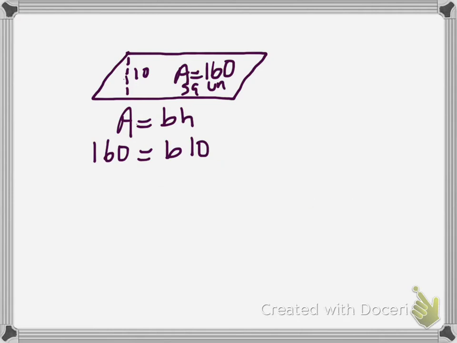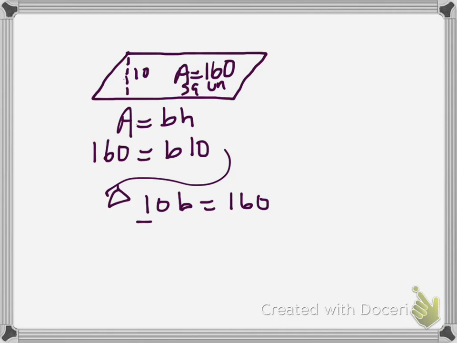I'll do that right below it. So I'll switch the order here just like we did last time, and I'll say that 10b is equal to 160. Again, this does not matter at all. You don't have to reorder it, but we find that it kind of makes things a little bit easier in your head.